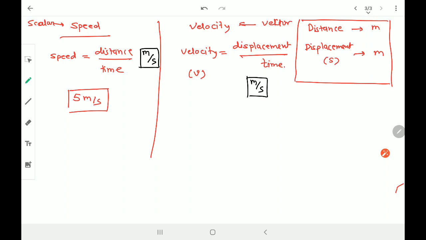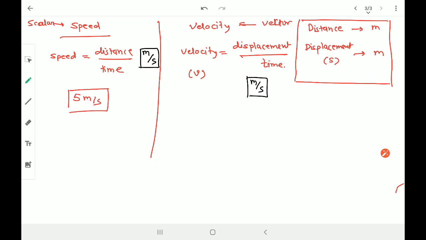So velocity and speed both have a similar meaning, but one is a scalar quantity and one is a vector quantity. Speed is distance per unit time, whereas velocity is displacement per unit time. Both are measured in meter per second. But meter per second is considerably a very small unit.